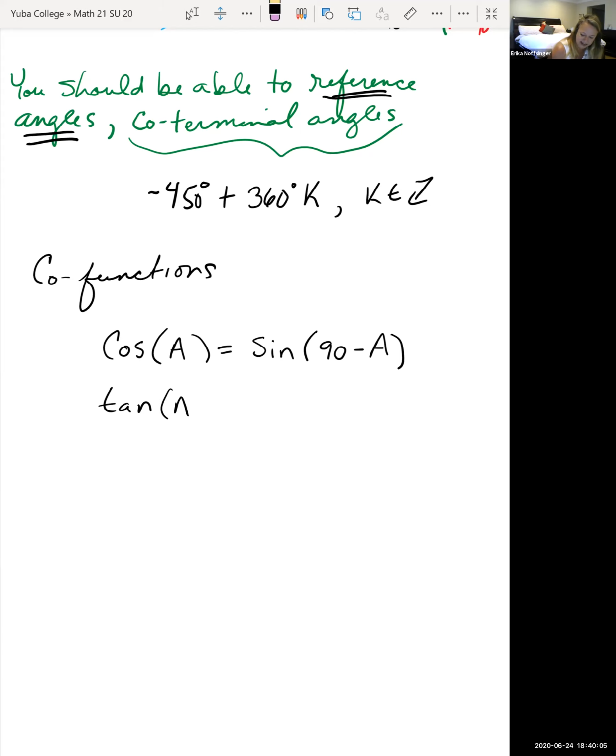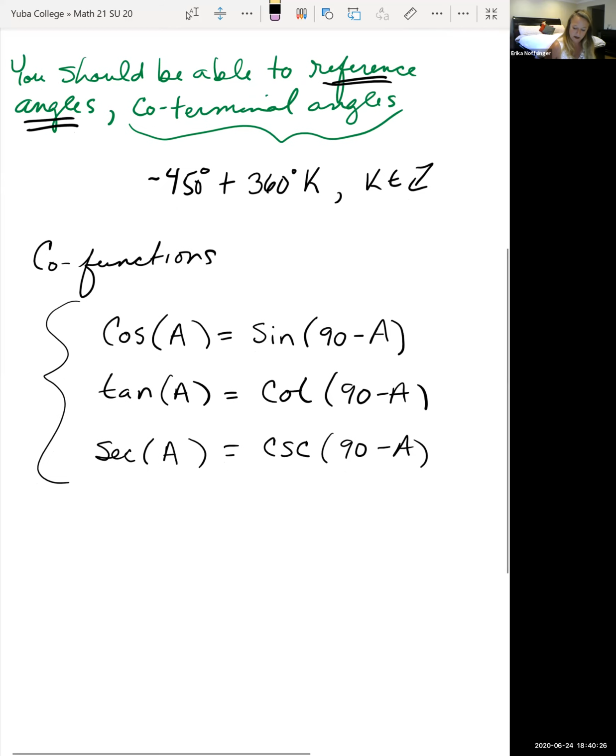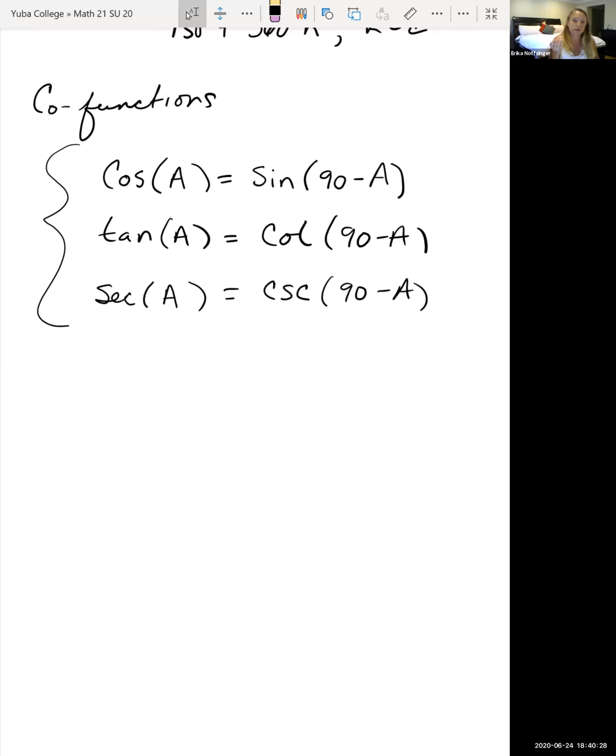Tangent of A is the same thing as cotangent of 90 minus A. Secant of A is the same thing as cosecant of 90 minus A. Those were sometimes helpful when we were evaluating certain trig functions that maybe we didn't know.